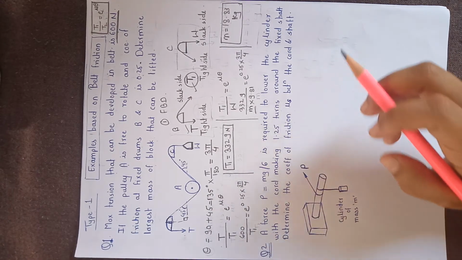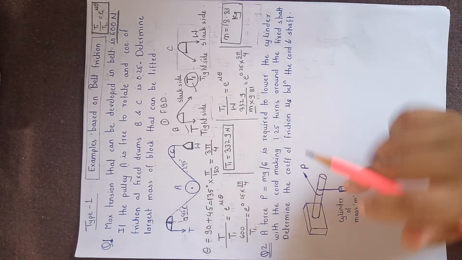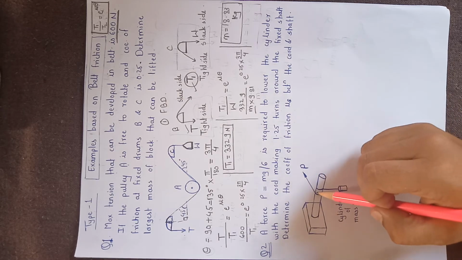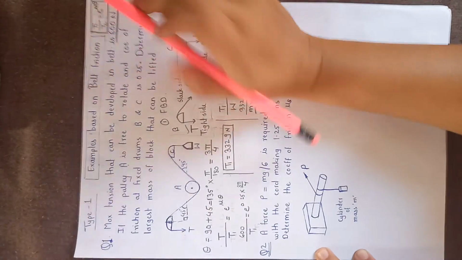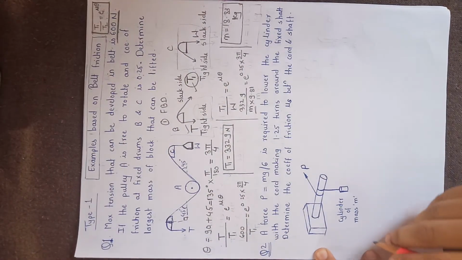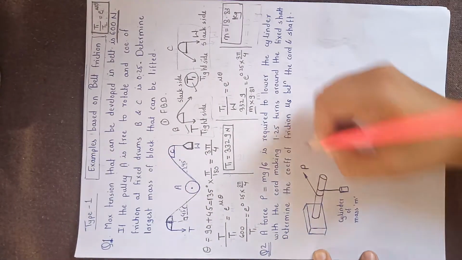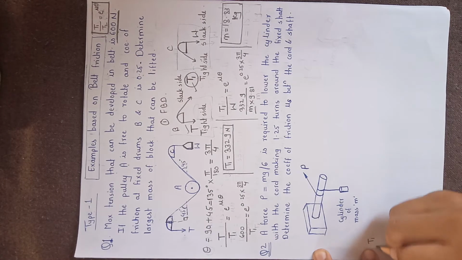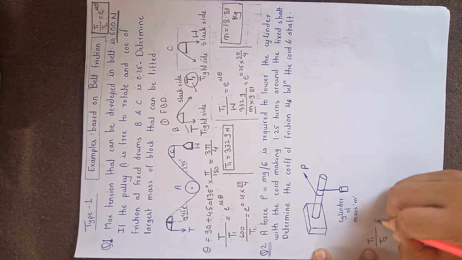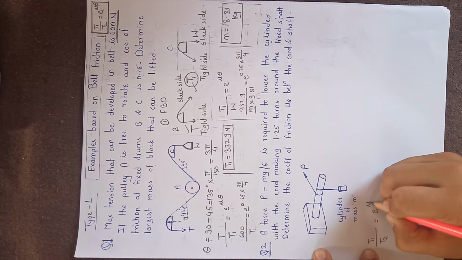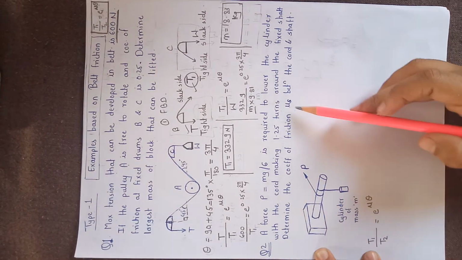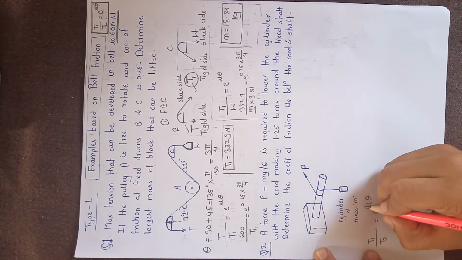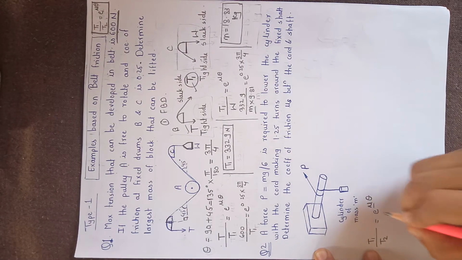Now in this kind of sums, we have one formula only. T1 by T2 is equal to e raised to mu theta. Here we have to find out mu.